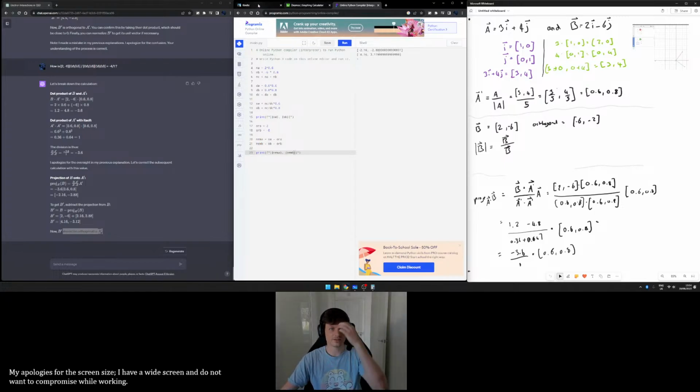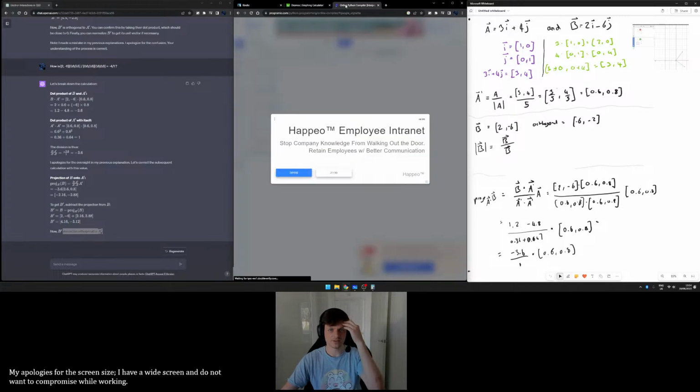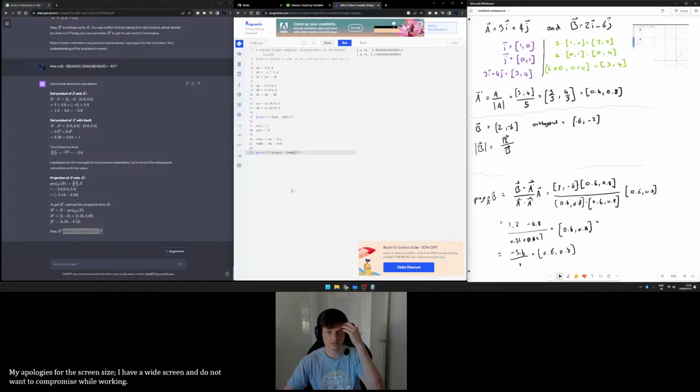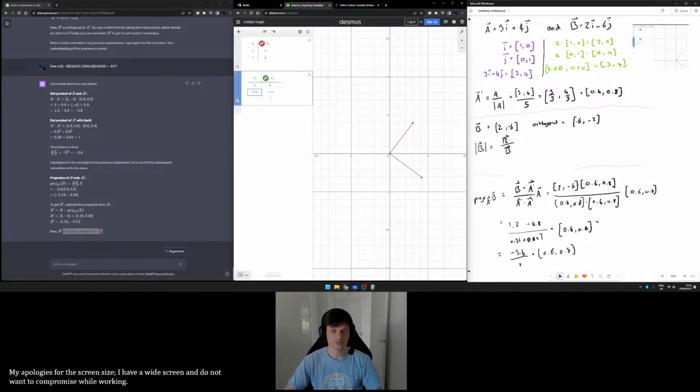Okay, so this is 312. Oh no, I don't know what that means. Cool. 3119, 3119, yeah. So they're not orthogonal, are they? These are not orthogonal.